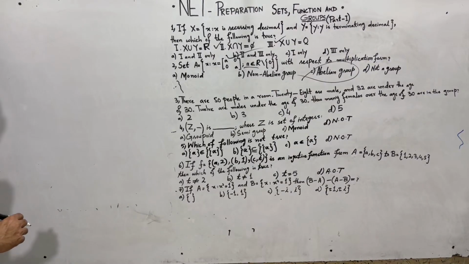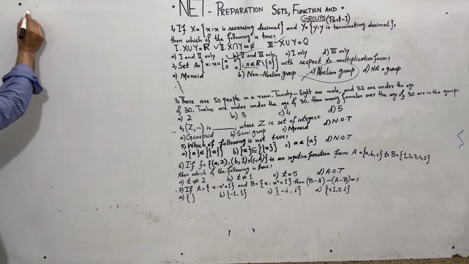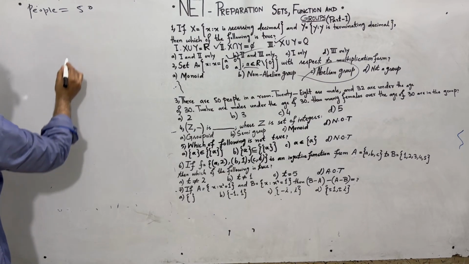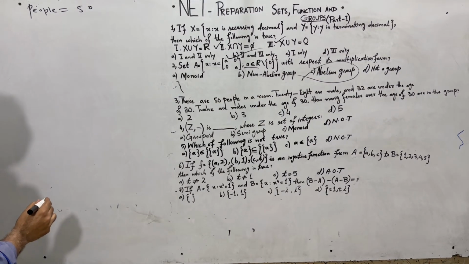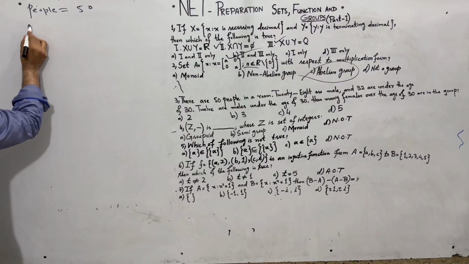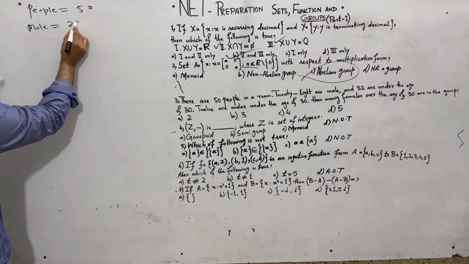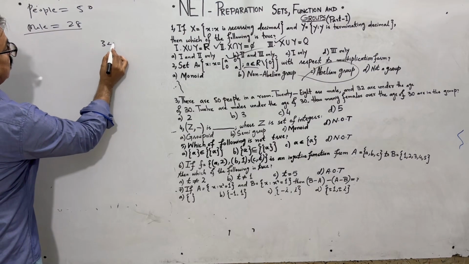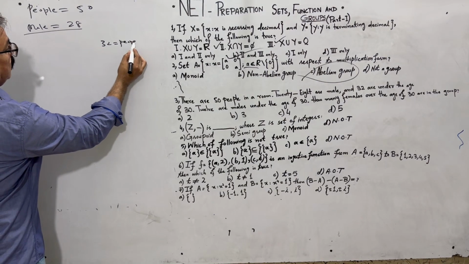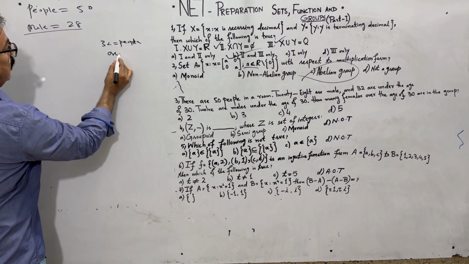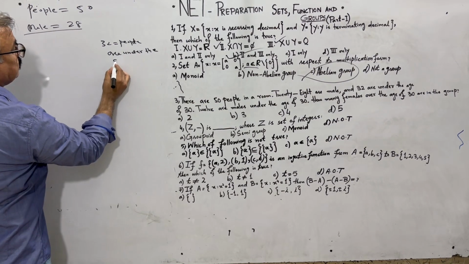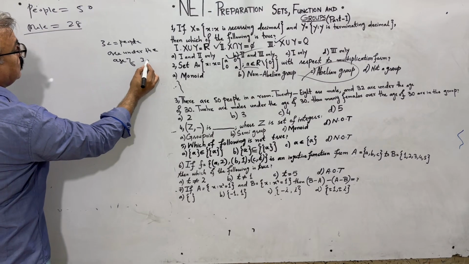We have 50 people. Next, 28 are male. Furthermore, 32 people, meaning both male and female, are under the age of 30.